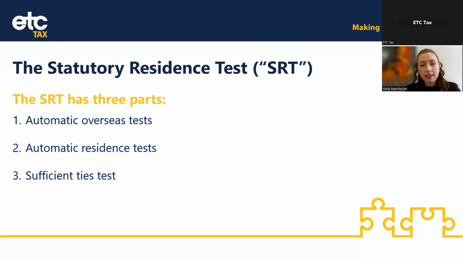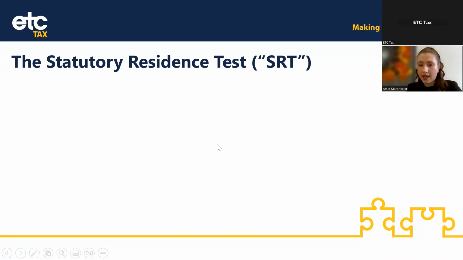The sufficient ties test will essentially weigh up the number of ties that an individual has to the UK, along with the days that they spend in the UK, in order to determine whether or not the individual is a UK tax resident. The more ties an individual has to the UK, the fewer days required to trigger residence. And you most commonly find that individuals that spend between 46 and 182 days in the UK will fall within the sufficient ties test.